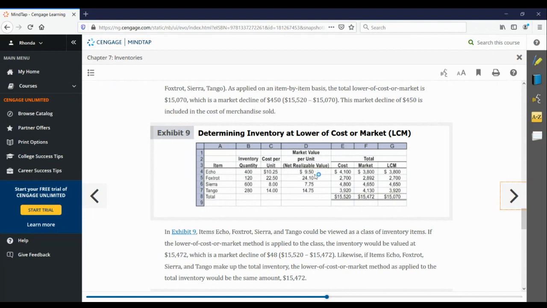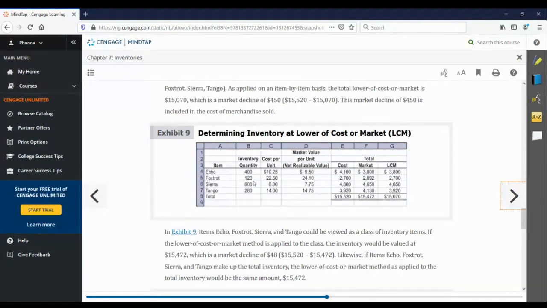That's how they're getting the net realizable value here. In the first example for Echo, we're going to take 400 units and multiply it by $9.50, which is the net realizable value per unit, and that will give you the total market value, which is really the net realizable value, at $3,800.